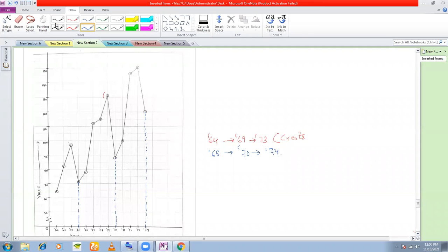Now what is the interval here? This is 5 years. 69 to 73 is 4 years, right? 65 to 70 is 5 years, and 70 to 74 is 4 years, right?